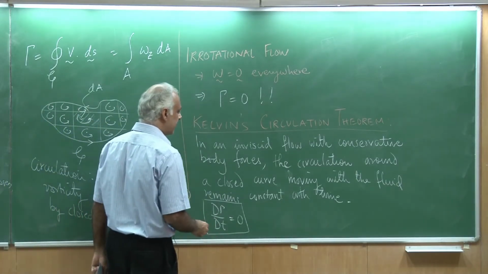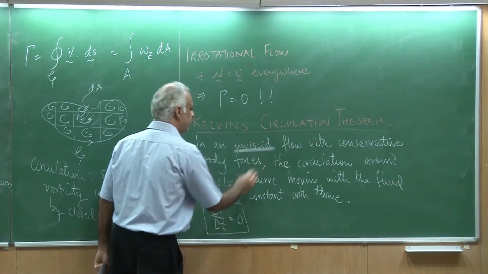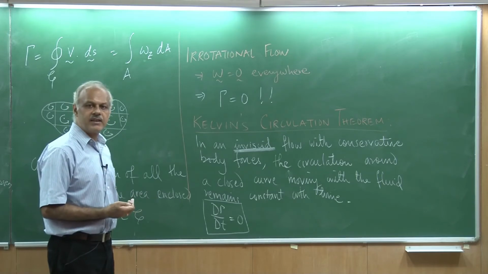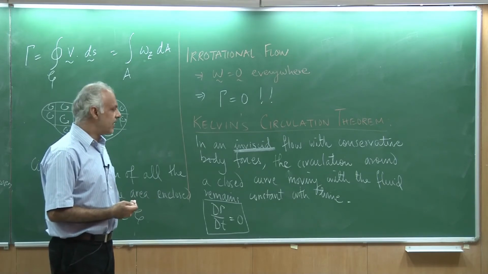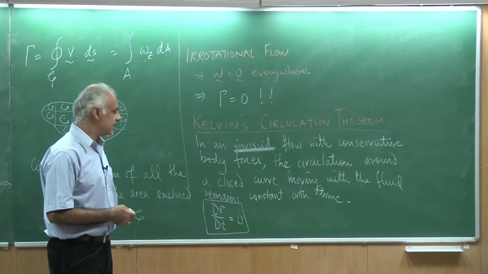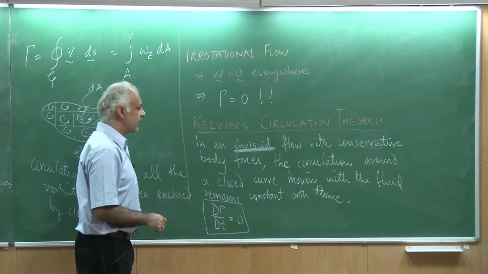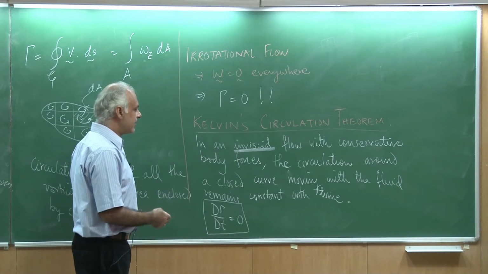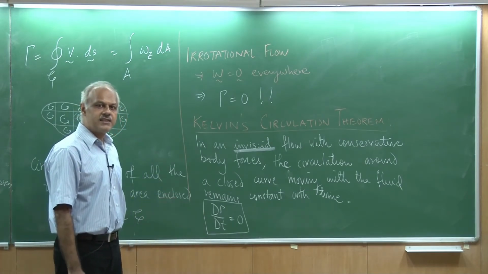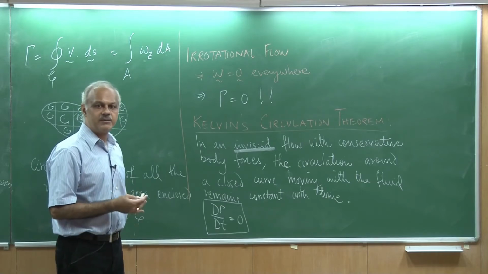Let us look at the operating conditions. If I have an inviscid flow, and of course I am only accounting for gravity as the body force, which is a conservative force. So, this holds for inviscid flows. In an inviscid flow, if my flow is initially irrotational, it will remain irrotational at all times.